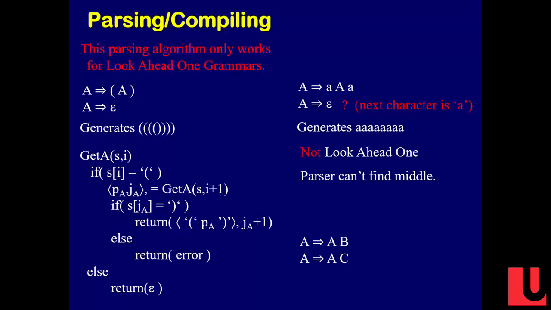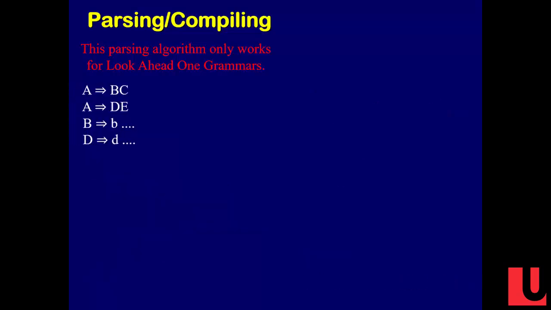So how would this recursive program work? Get A is going to immediately call get A, and you know that's problematic, right? Because we're going to call it on the same i, and it's going to loop forever. So that's another problem, right? It recurses forever.